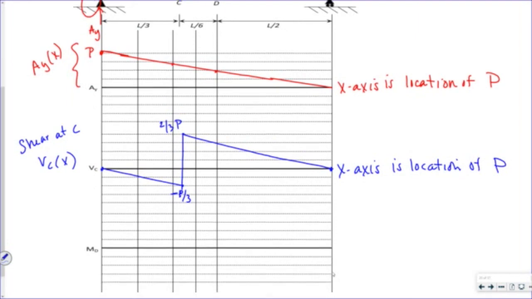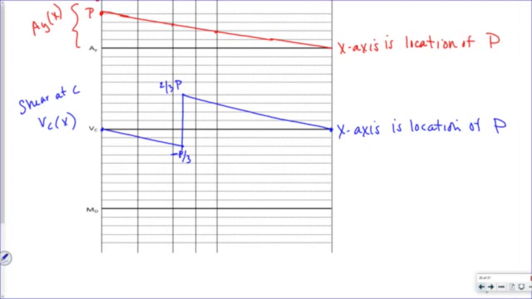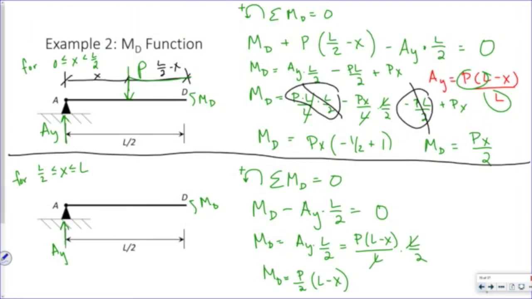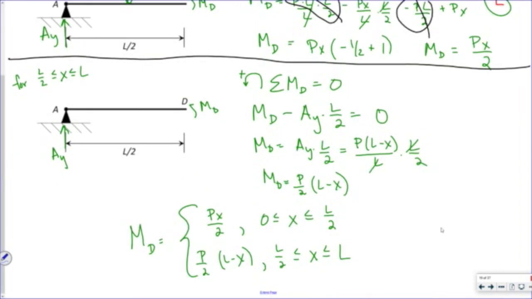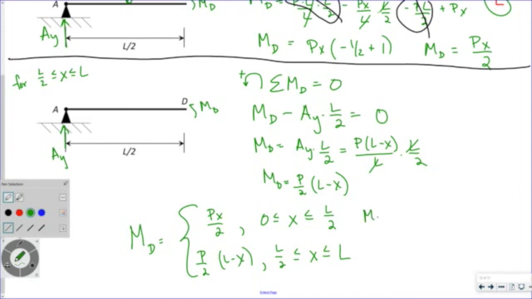Finally, my moment at D, this one's pretty good because, let's look. My moment at D at x equals 0 is 0.